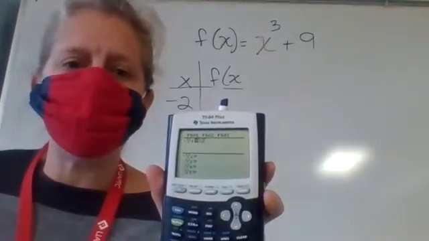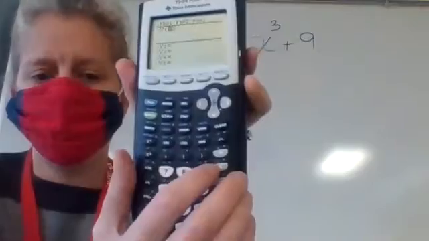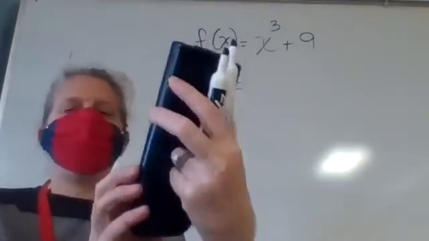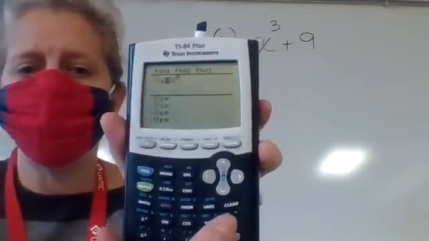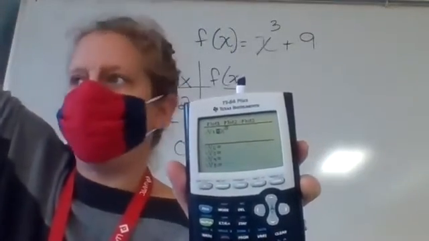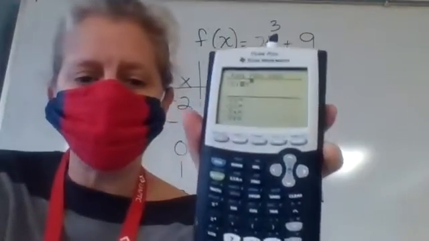Anytime you're typing in an exponent that's not squared, you hit this little up arrow thing. It's right below the clear button. Look at your cursor. Once you hit that, didn't your cursor go up into the exponent area? So type in your exponent to be 3.